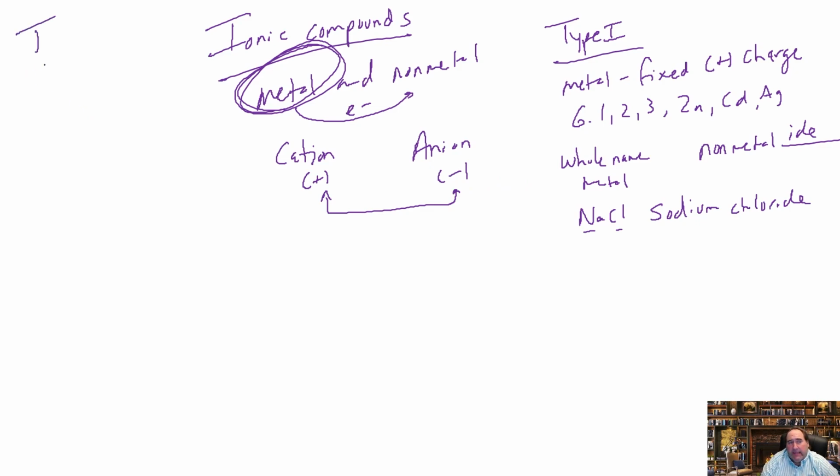We also talked about type 2 compounds. Type 2 compounds are also metal and non-metal, but the metal here is going to have a variable positive charge. And again here, that's going to be our transition metals.